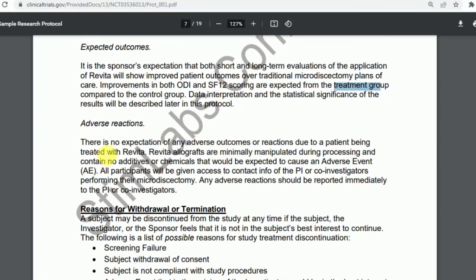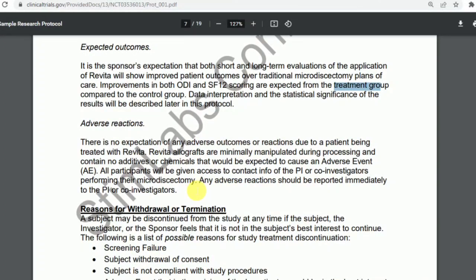Adverse reaction. There is no expectation of any adverse outcomes or reactions due to a patient being treated with Revita. Revita allografts are minimally manipulated during processing and contain no additives or chemicals that would be expected to cause an adverse event. All participants will be given access to the contact info of the PI or co-investigator who performed their microdiscectomy.